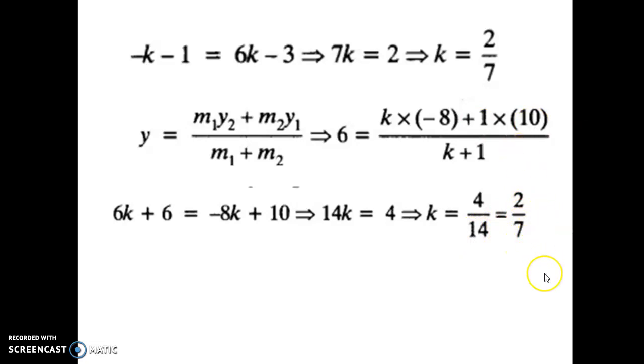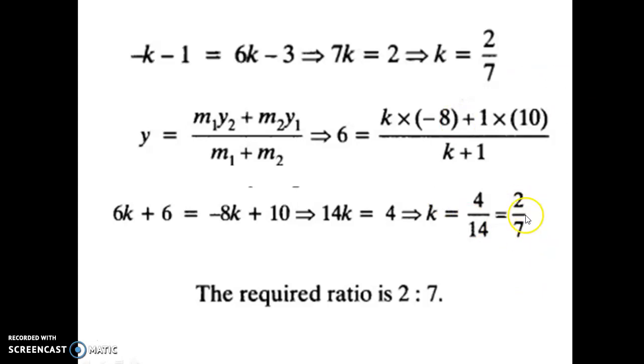So both are 2 by 7, and what is our ratio? It is k:1. So k by 1 is 2 by 7. That means the ratio is 2:7. Okay, the required ratio is 2:7. Ratio we will write like this, right? So 2:7 is the required ratio.